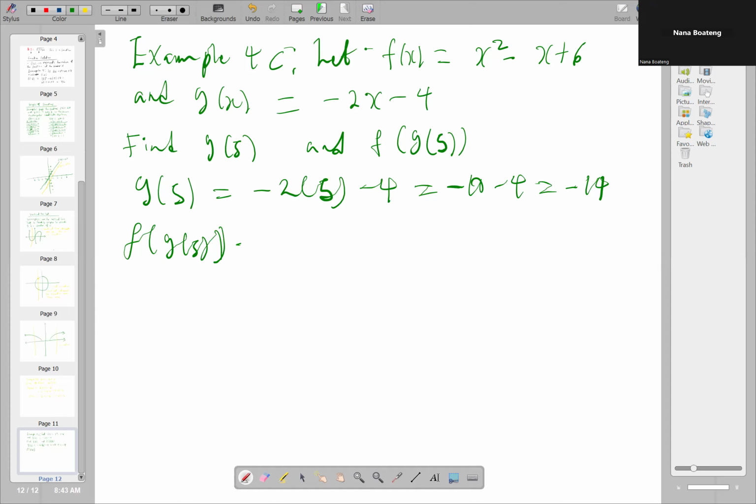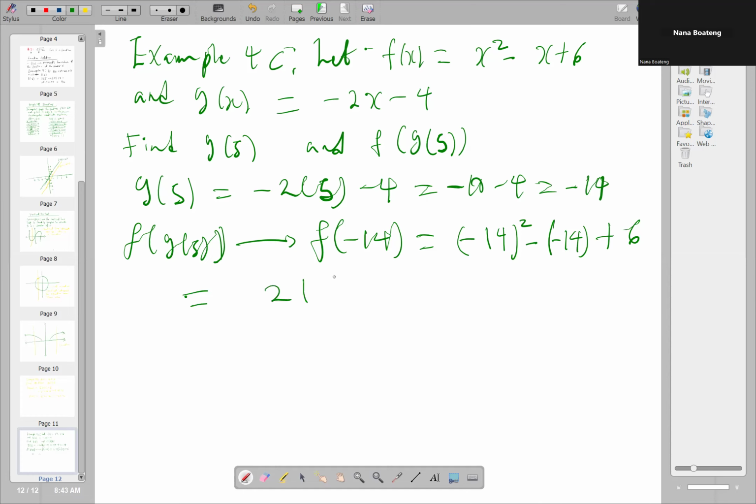So in the function f, we replace x with negative 14. So this equals negative 14 squared minus negative 14 plus 6. If we evaluate this, this will give us 216.